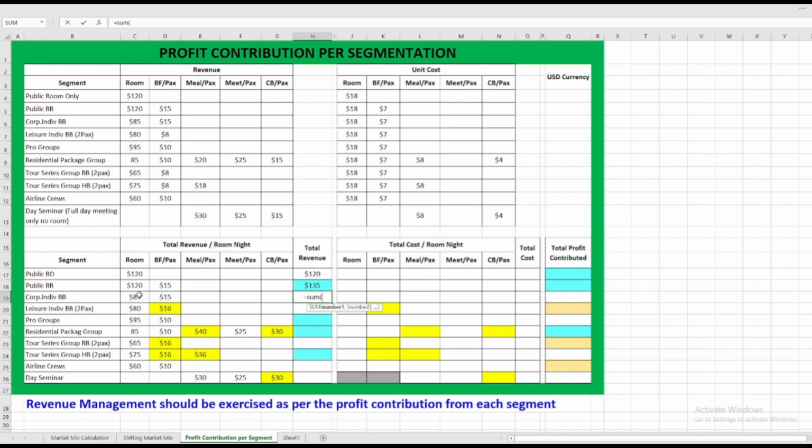The same for corporate individual bed and breakfast. We do all the same calculations and continue. $96 total. $105 for the professional group total revenue. For residential package, total 190.